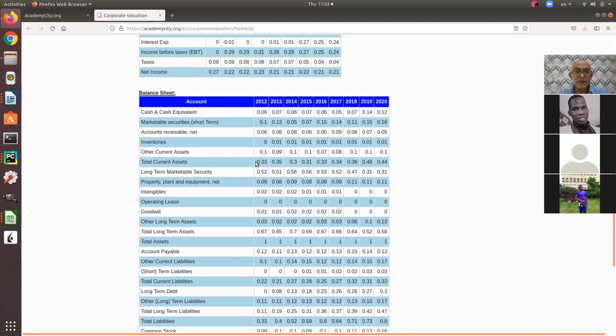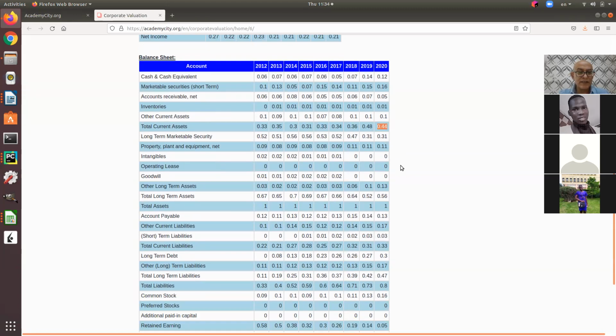We saw that it used to be 33 and became 44, so current assets are going up. What happened to the current liabilities? Did they go up at the same rate? If you remember, we mentioned that last time. If we look at the current liabilities, they did go up also. What happened to the ratio?